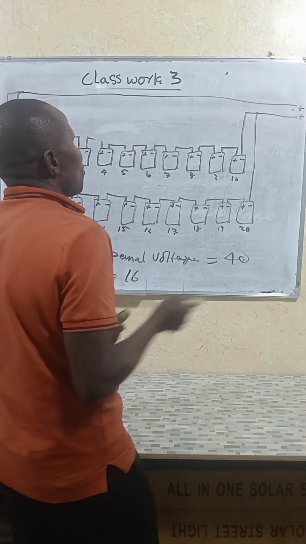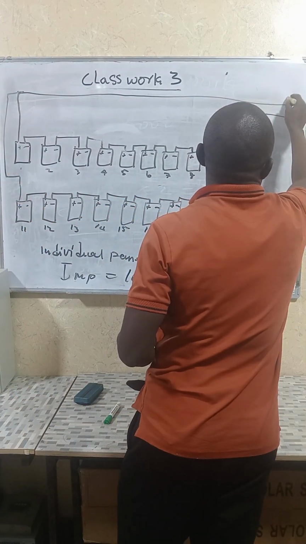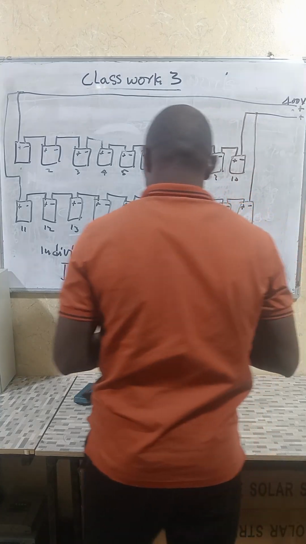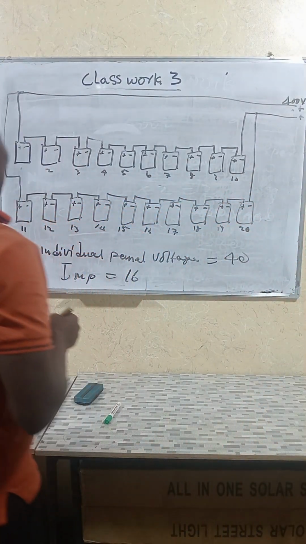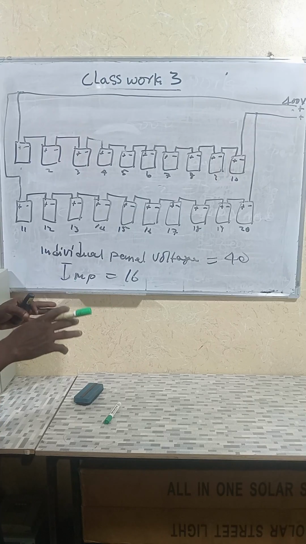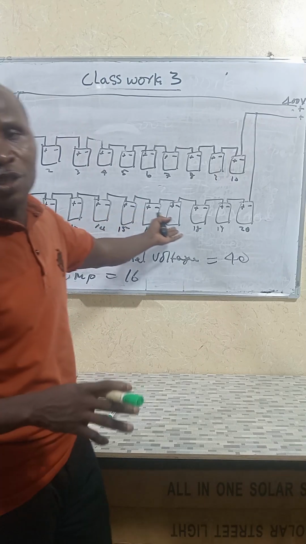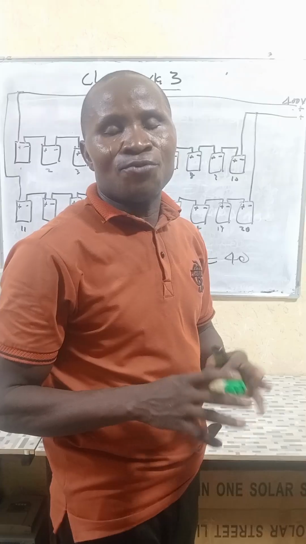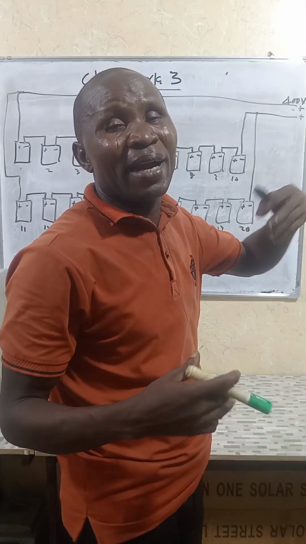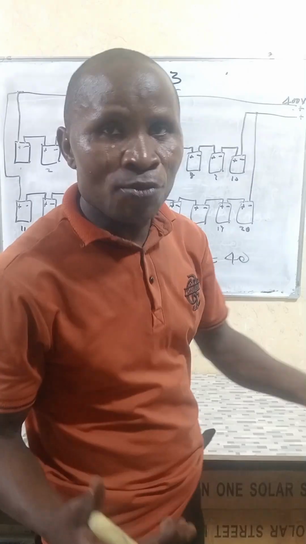This 10 now gives us 400 volts. Because when you connect in parallel, the voltage remains the same. Therefore, this one also gives us 400 volts. And 400 volts connected to 400 volts in parallel remains 400 volts.